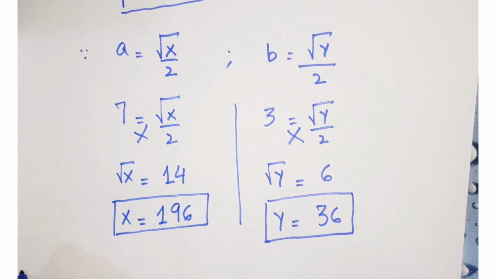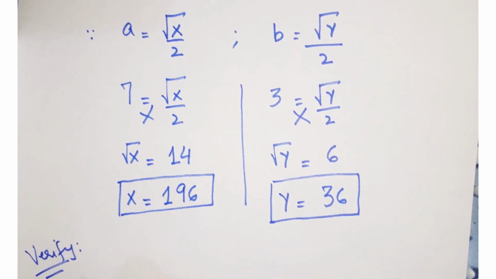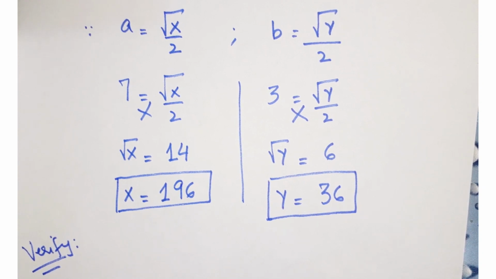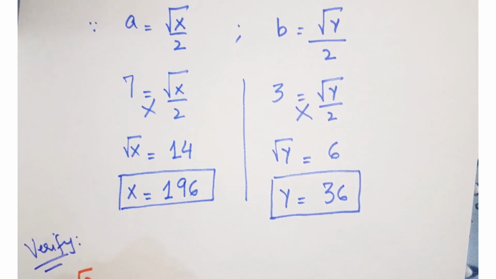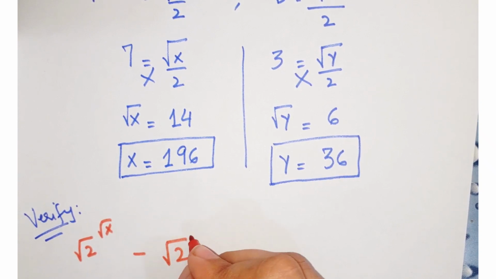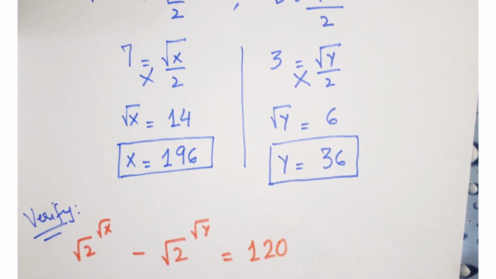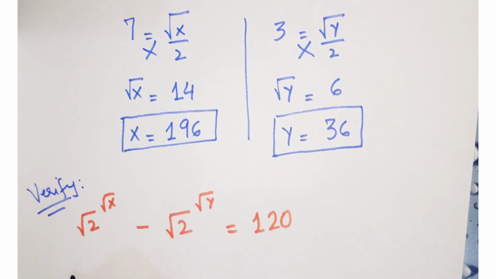Now, let's verify whether our solution is correct or incorrect. So, the question is under root 2 to the power under root x minus under root 2 to the power under root y is equal to 120.